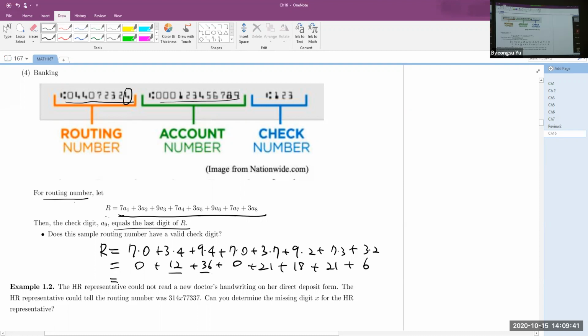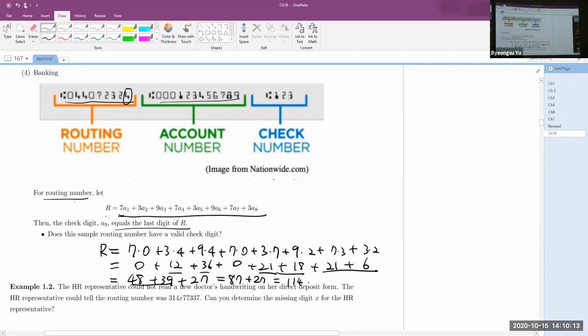So 12 plus 36 is 48, and 21 plus 18 is 39, and 21 plus 6 is 27. Adding the first two numbers, you get 87, plus 27. So it is 114.